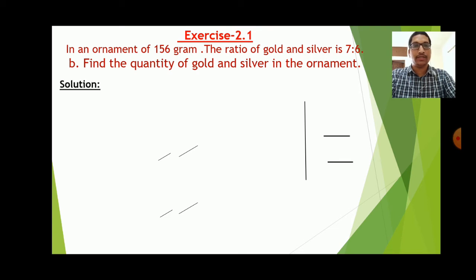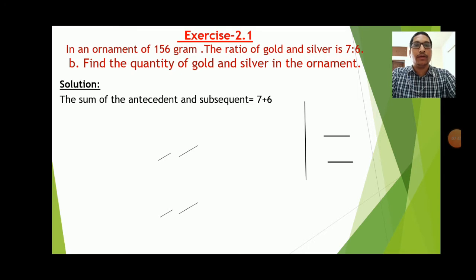So at first we will add the antecedent and subsequent of the ratio. The sum of the antecedent and subsequent is 7 plus 6.